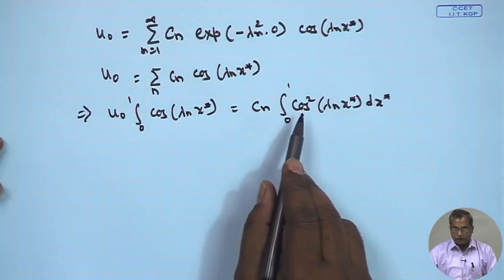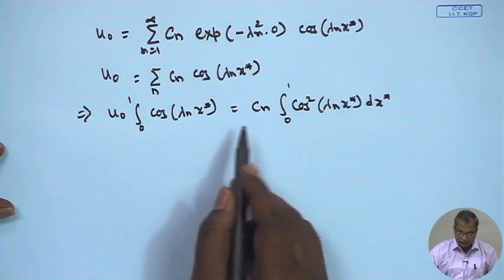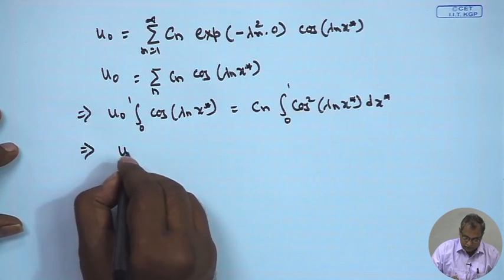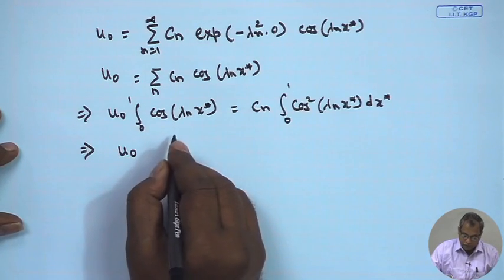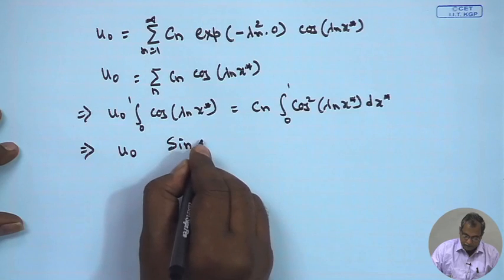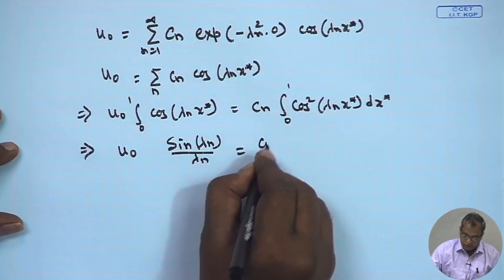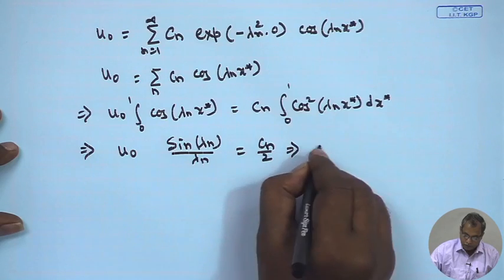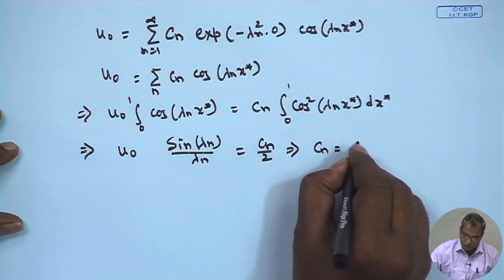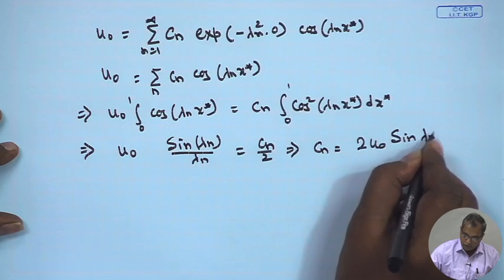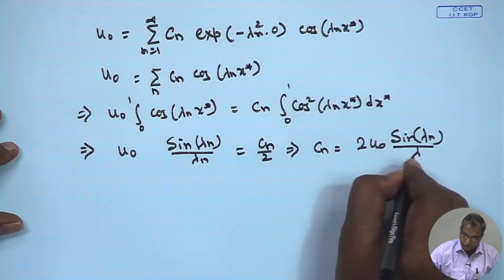Only one term will survive if you open up the summation series utilizing the orthogonal property of the cosine functions or eigenfunctions. So, this will be sin lambda n divided by lambda n is equal to c n by 2, and we will be having c n is equal to 2 u naught sin lambda n divided by lambda n.